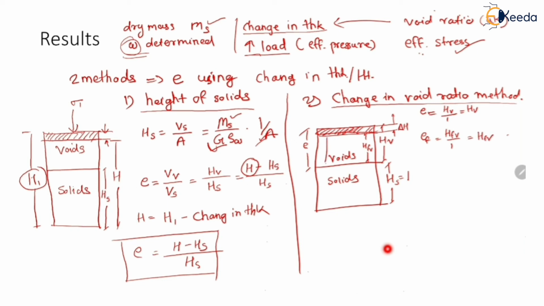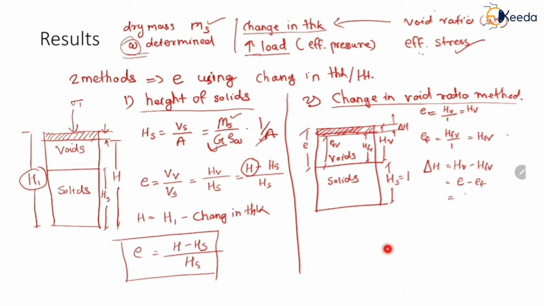So this height will also represent the final void ratio. Now delta H is equal to HV minus HFV, that is equal to e minus ef.